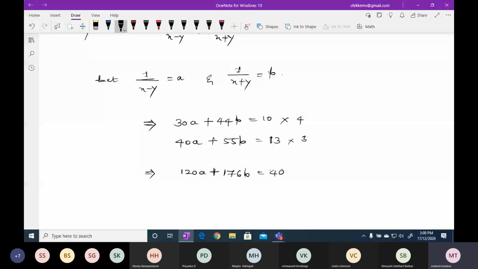Now this is 3 into 4, again 120a plus 3 into 55. How much? 165?